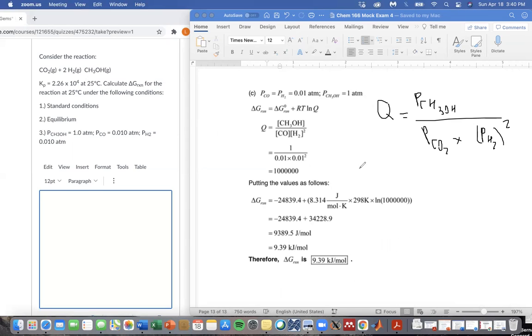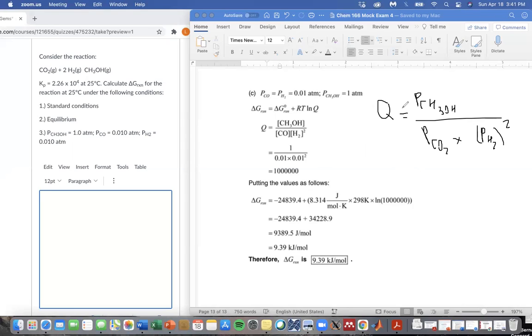We can plug them into our Q expression, still written out here, and use our delta G reaction. The equation they're using is delta G reaction equals delta G standard plus RT ln Q. If you remember from part 1, you got your delta G standard because you did it at standard conditions. In order to calculate our delta G reaction, we have to plug in the RT ln of Q, but our Q isn't 1 anymore, and our Q also is not our K value. Our Q is our special Q value at these pressures.